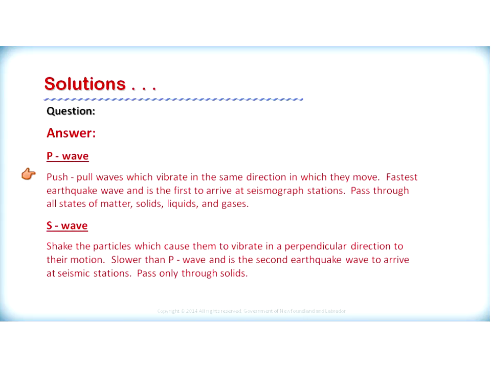In comparison to primary waves, a secondary wave, which is also called an S wave, is a shake wave, and the particles shake in a perpendicular direction to the direction in which the wave moves. So particles shake, which causes them to vibrate in a perpendicular direction to their motion, and these are generally slower than P waves, which travel at 3.5 kilometers per second, and is the second earthquake wave to arrive at seismic stations.